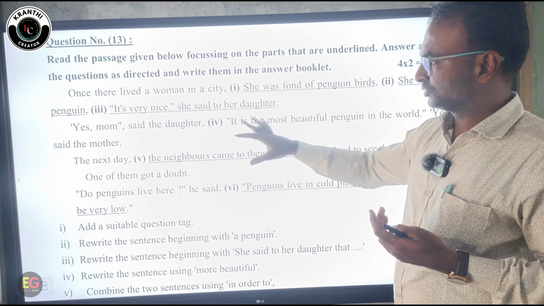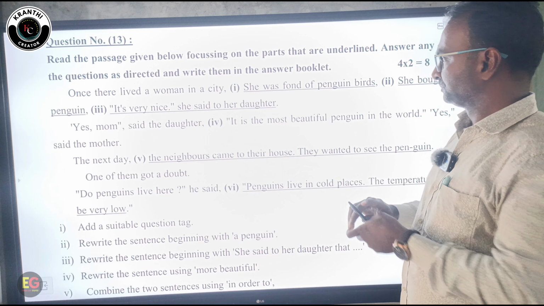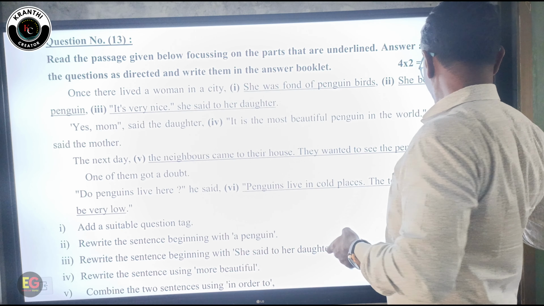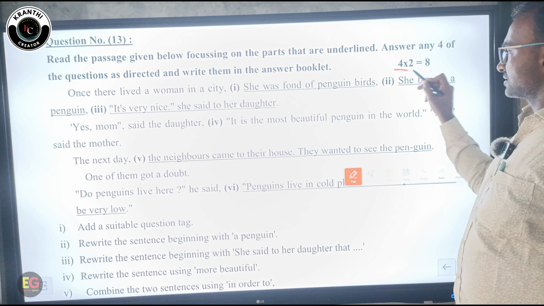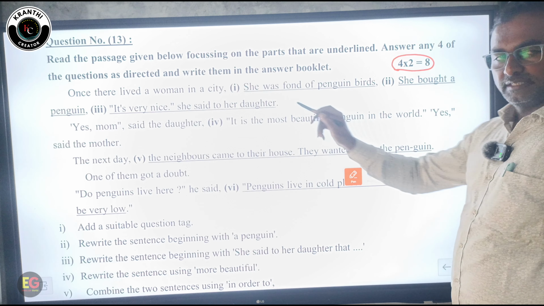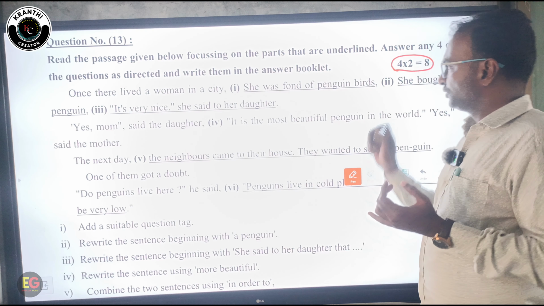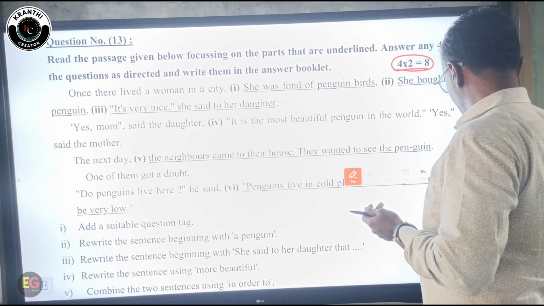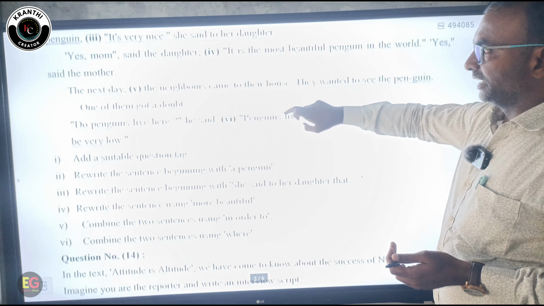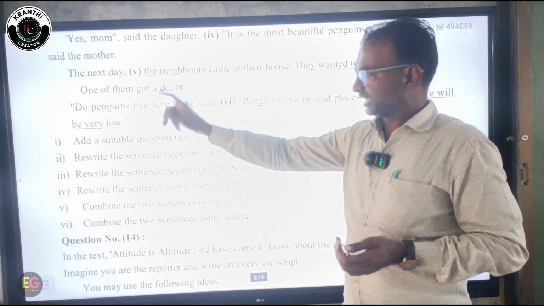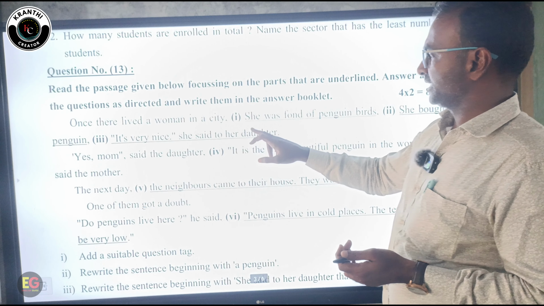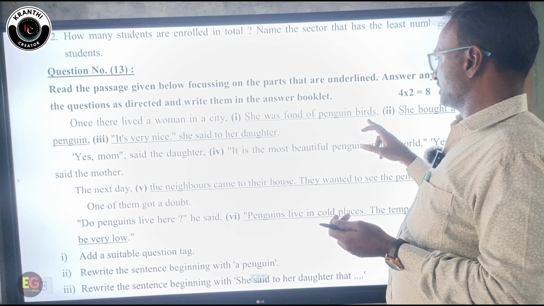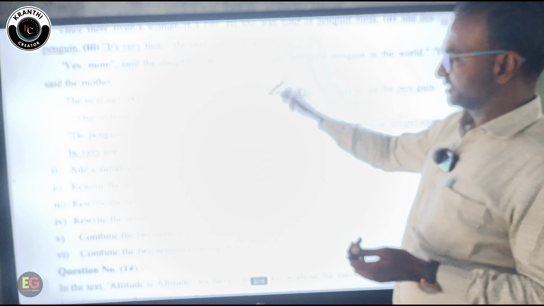There are 6 questions. You need to answer only 4, for 8 marks. And the question number is underlined. So suppose, take an example, she was fond of penguin birds, and it is underlined.